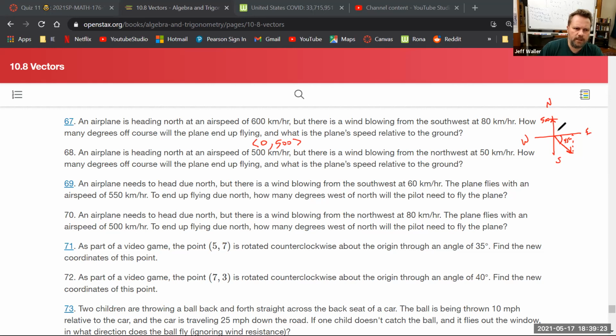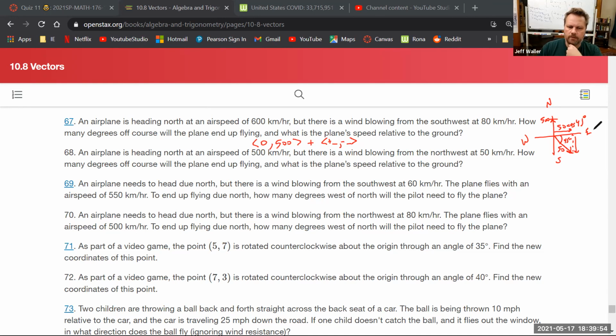And then I'm going to add to it the vector for the wind. It's going to have a negative y piece and a positive x piece. You just have to figure out what those are, and it's cosine and sine of 45 degrees, right? So this would be 50 cosine 45, 50 sine of 45.